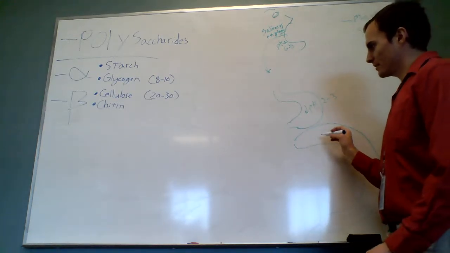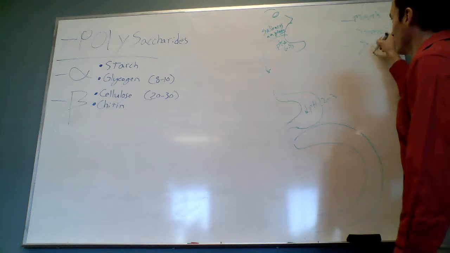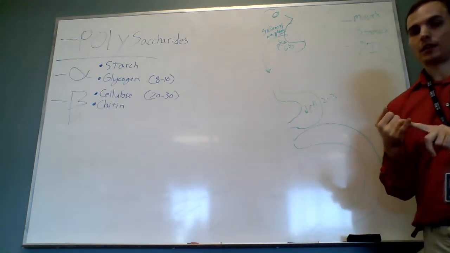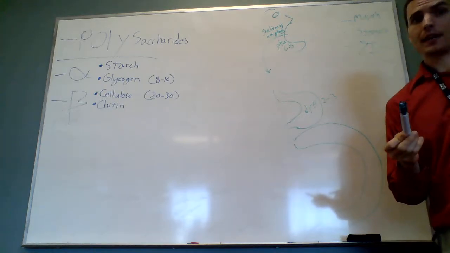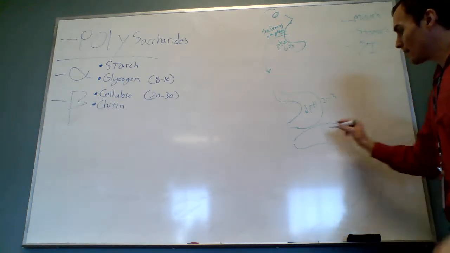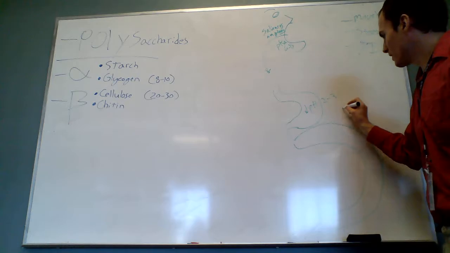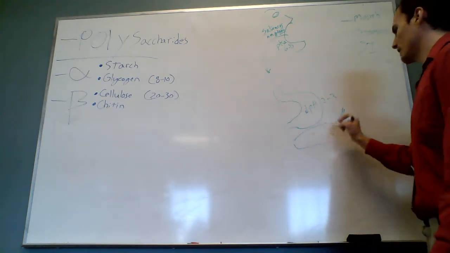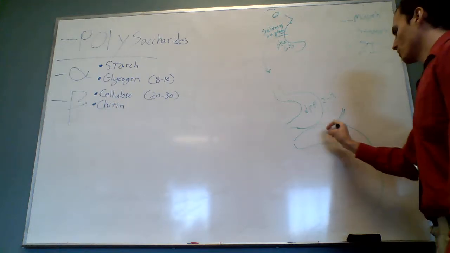In the small intestine, SI, we have pancreatic amylase, which gets dumped into the small intestine. I believe it's the jejunum, the early part of the small intestine.